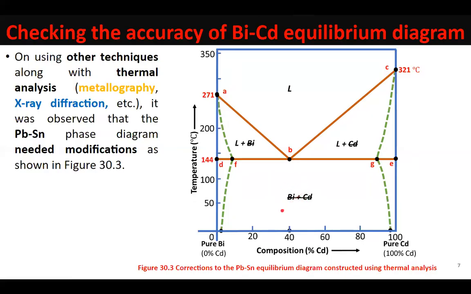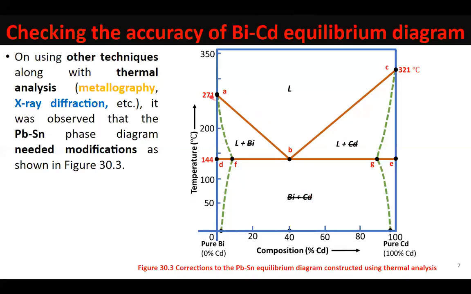So rather than bismuth plus cadmium, it was alpha solid solution and beta solid solution. What was alpha solid solution? Solid solution of bismuth with cadmium as the solute. And what was beta solid solution? Solid solution with cadmium as the solvent, but bismuth as the solute in it.